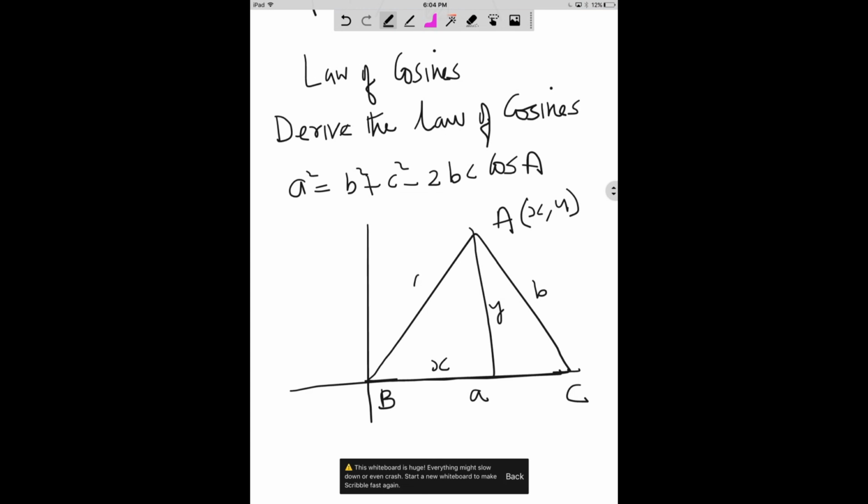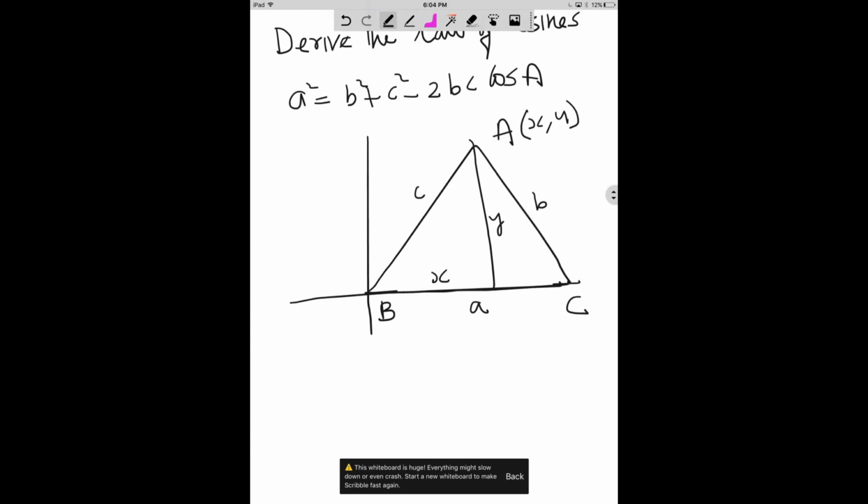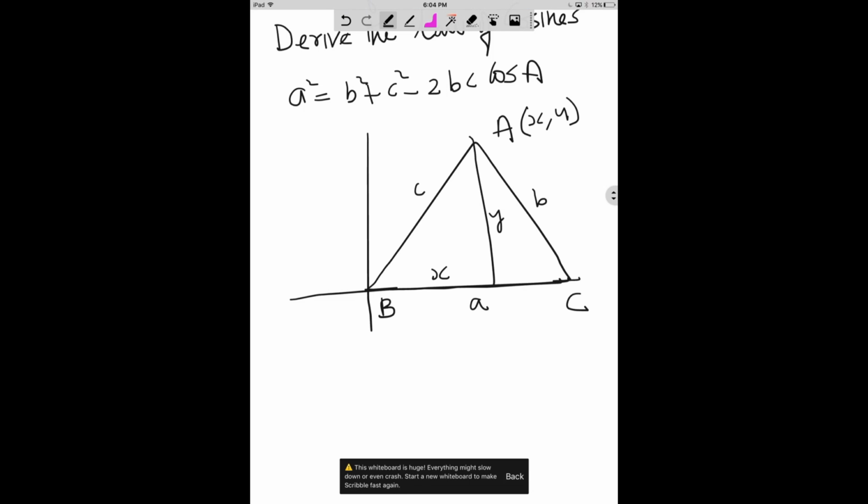So x is equal to BD and AD is equal to y, the perpendicular distance from A to BC.